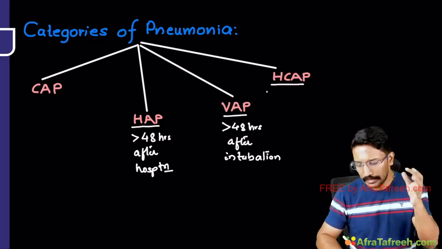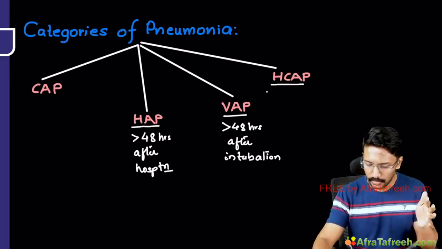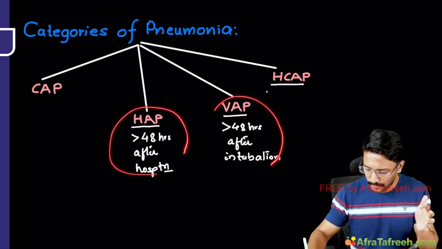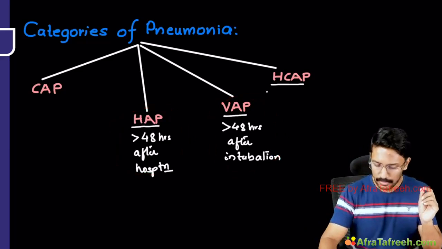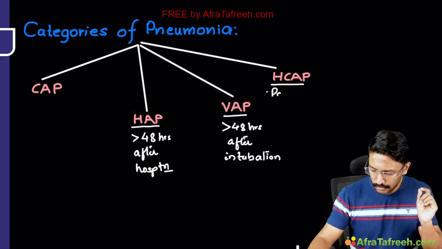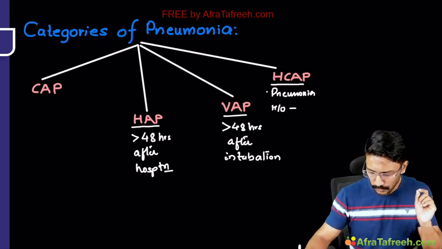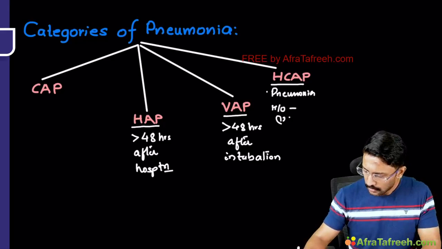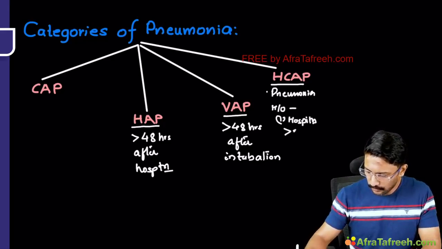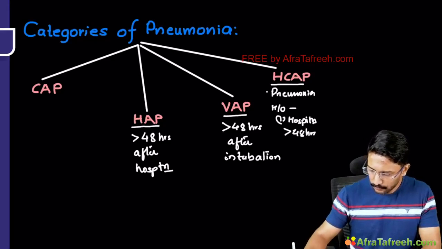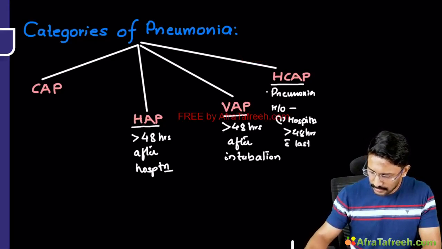Okay, what is it? It's a kind of pneumonia where the patient is not meeting the criteria for VAP or HAP, and he has a history of either one of these. There is hospitalization for more than 48 hours within the last 90 days.